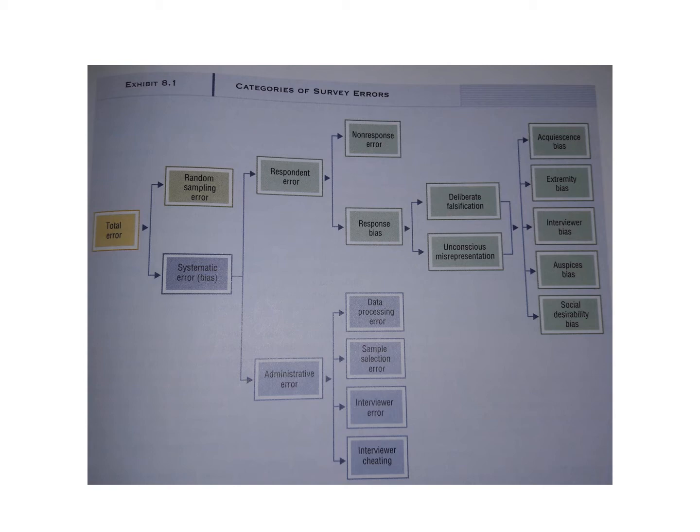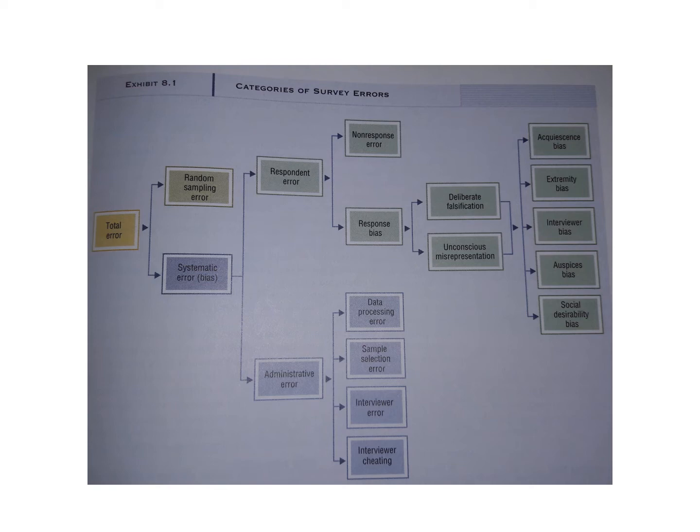Systematic error, or systematic bias, has two categories: respondent error and administrative error. Respondent error has two categories: non-response error and response bias. Response bias further has two categories: deliberate falsification and unconscious misrepresentation.